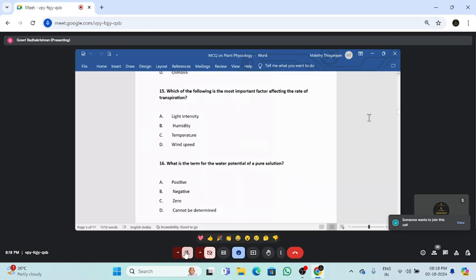Which of the following is the most important factor affecting the rate of transpiration? At least try to answer this, children. How is the transpiration more or less?